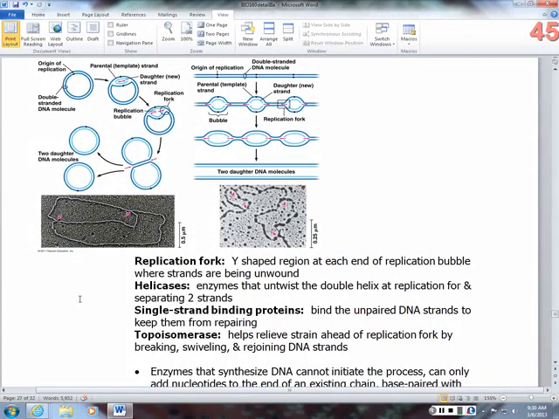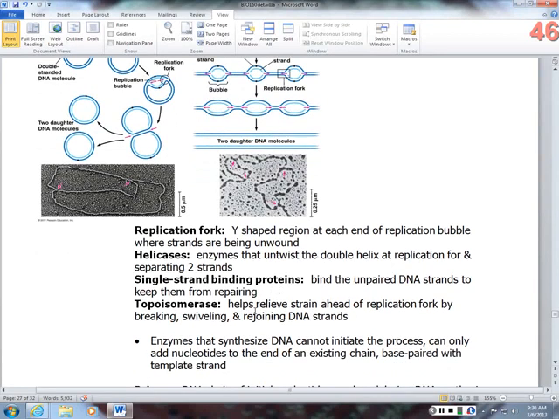Helicases are going to be the enzymes that unwind the double helix at the replication fork for the two strands. So it's kind of like if you are trying to peel something apart that's all twisted like this. If you untwist it, it's a lot easier to separate it, your bubble, than it is if it's tied up all over itself in there.